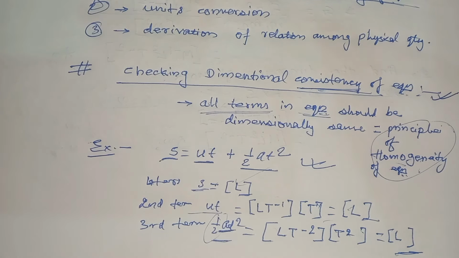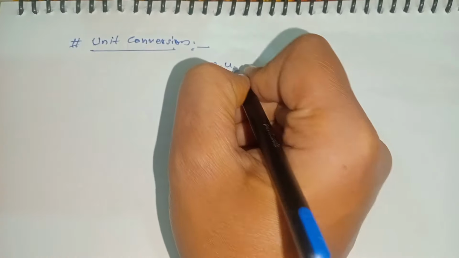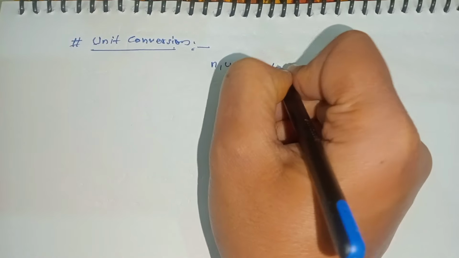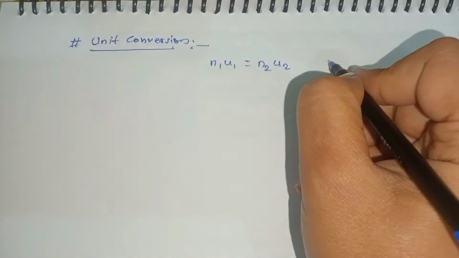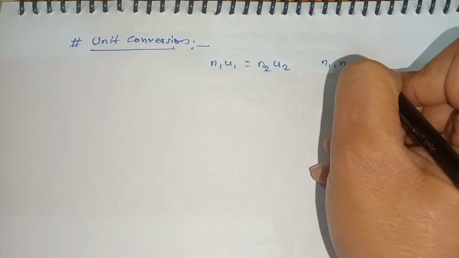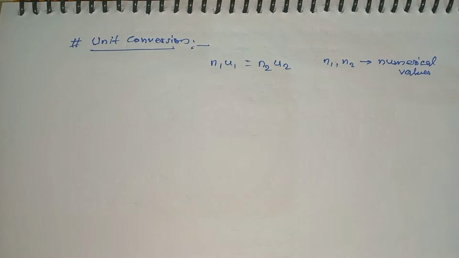So this is the first application, and now the second is unit conversion. For unit conversion, we remember the formula n1 u1 equals n2 u2. Here n1 and n2 are numerical values, simply numbers, the magnitudes before a unit.